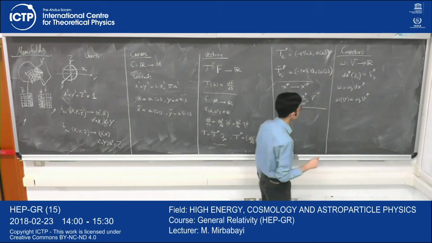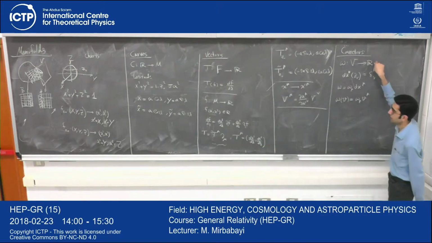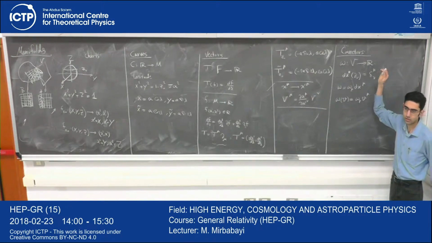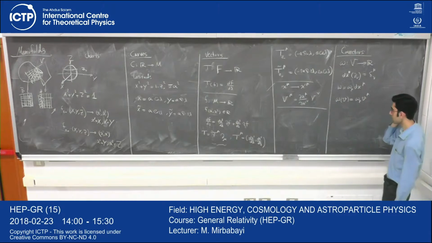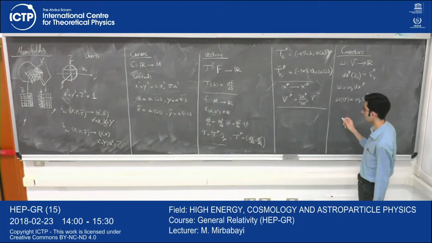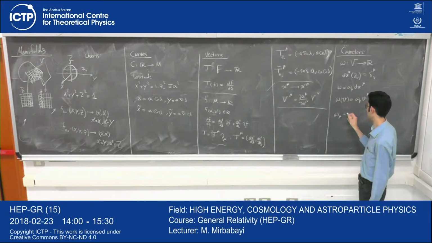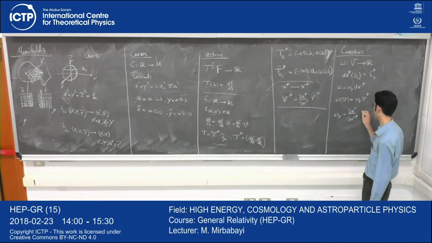So it has to give a number which is therefore independent of what chart or coordinate system we use. And that fixes the transformation property of omega: omega_mu is dx'^nu/dx^mu times omega'_nu.